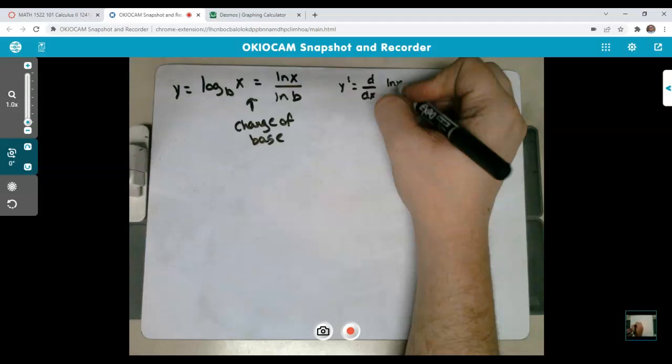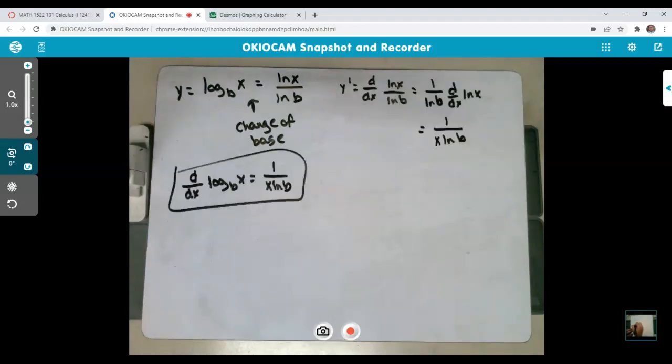Well, ln of b is going to be a constant because I'm going to know what the base is. So I can bring it out front, times the derivative of ln of x, which we already know is 1 over x. So the derivative would be 1 over that x, because of this, times ln of b. So my point here is that the derivative of log base b of x is equal to 1 over x ln of b.